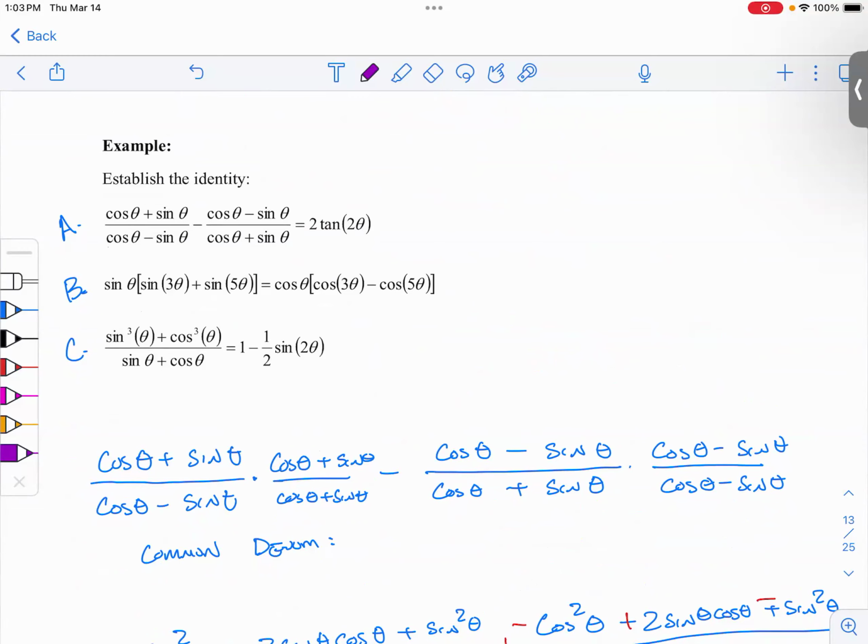And the big thing about this identity is that we always start with the complicated side, and definitely the left side is the complicated side.